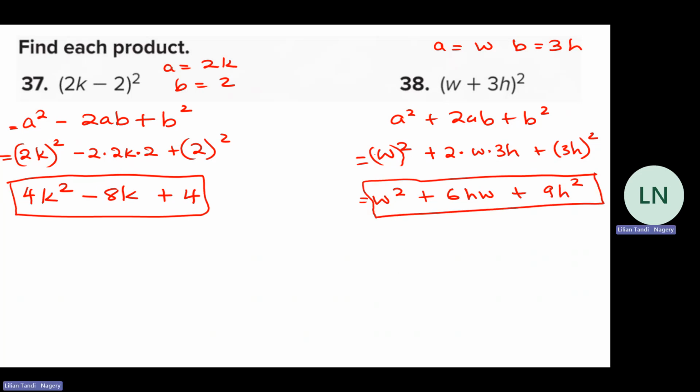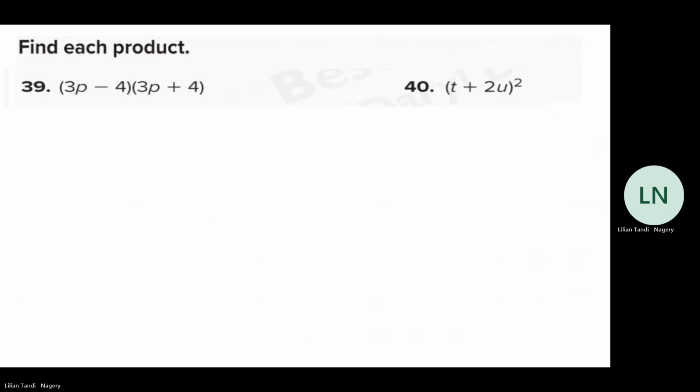Okay. This one is A squared minus B squared. Your A is 3p and your B is 4. Okay.